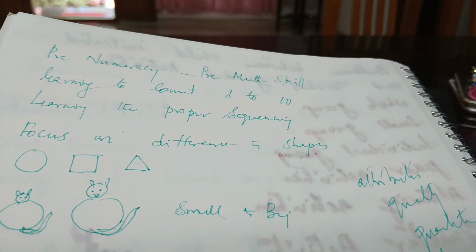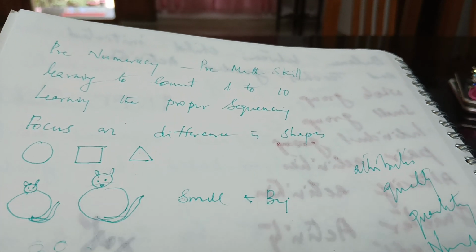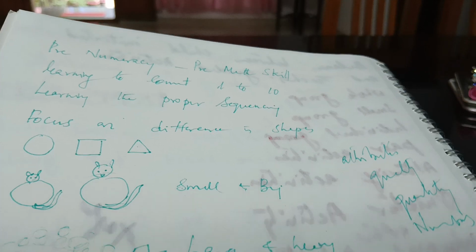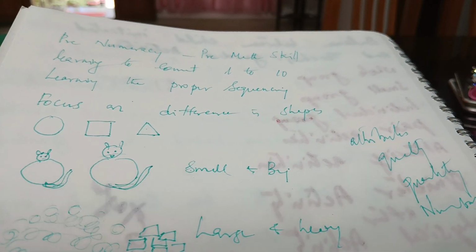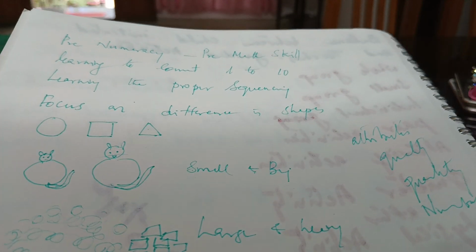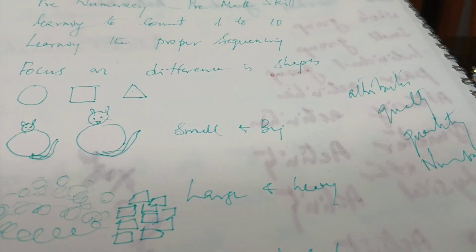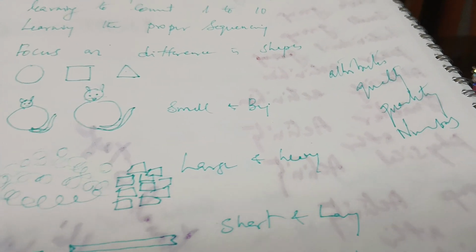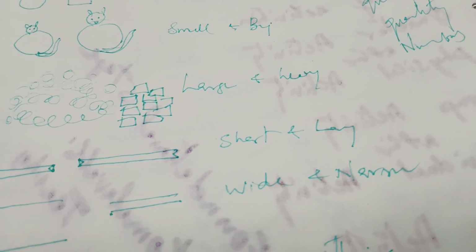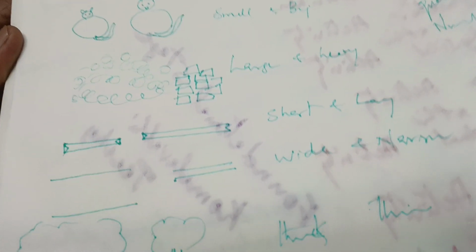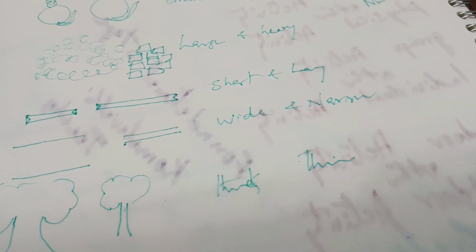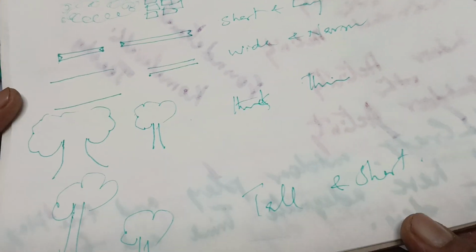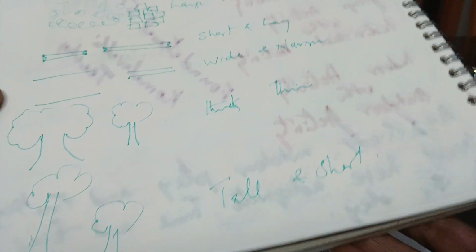Learning the proper sequencing, focusing on differences in shapes, different shapes like circle, triangle, square or rectangle, and distinguishing small and big, understanding large and heavy, short and long, wide and narrow, thick and thin, tall and short.